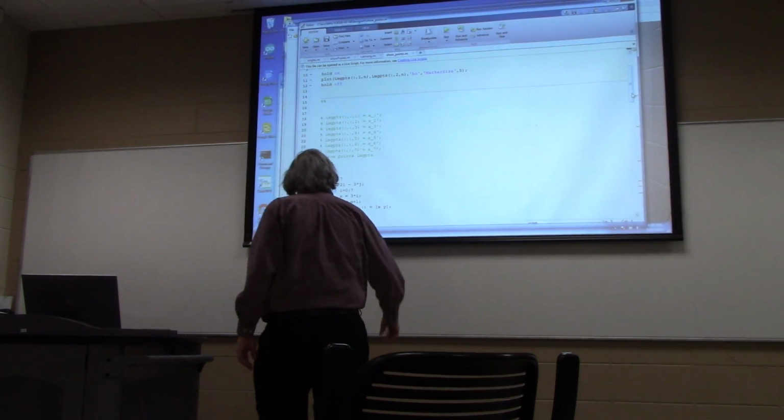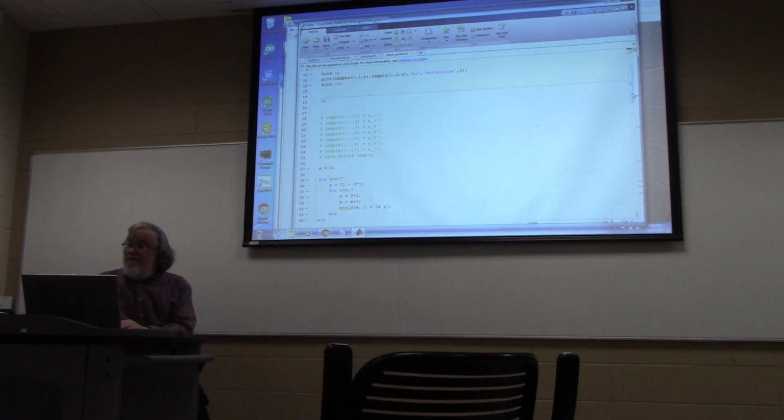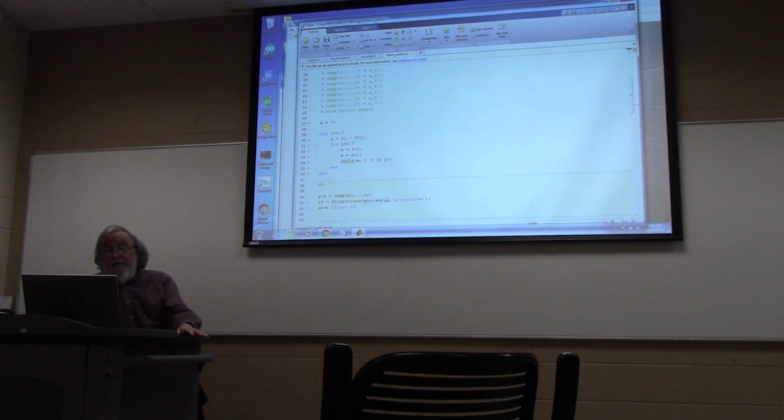Then I'm creating a set of world points. It's not doing anything interesting. And then we're going to take the image points and fit a T-form to them, which is what we're doing right there.